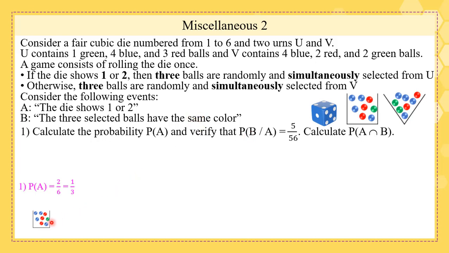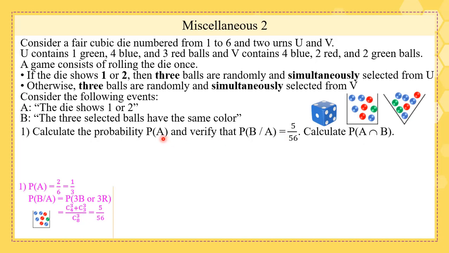What are the 3 balls that have the same color here? They could be either 3 red or 3 blue. They cannot be green because we are selecting the balls simultaneously. So we get 3 out of 4 plus 3 out of 3 over 3 out of 8, which is 5 over 56.